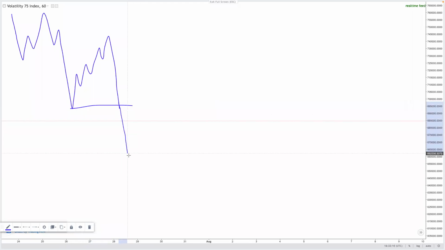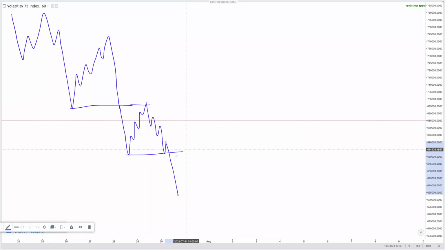After price breaks this structure, price may come and respect the same structure we just broke. That's why I usually call it the break and retest structure. So price may come again at this same price level to respect it and create more lows. Then we may break another structure right here, and after breaking this structure, price may reverse to retest the same price level to create more lows.